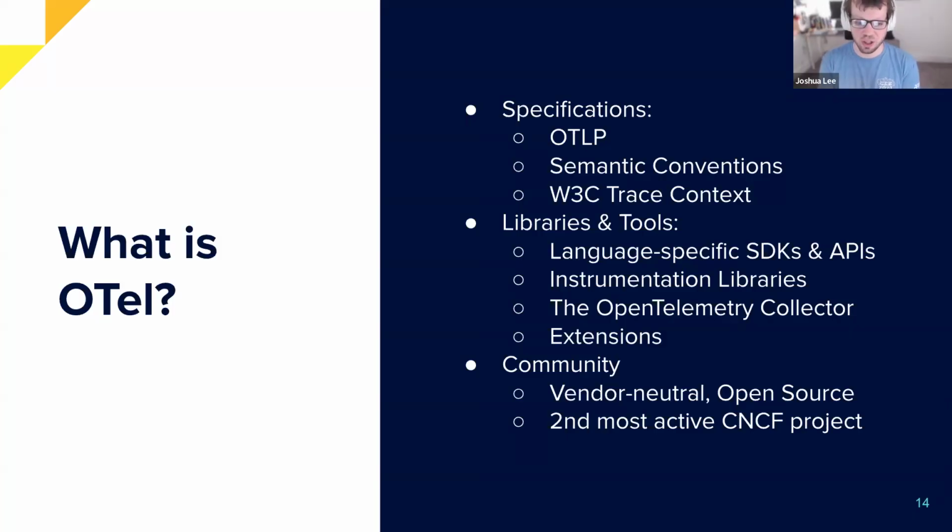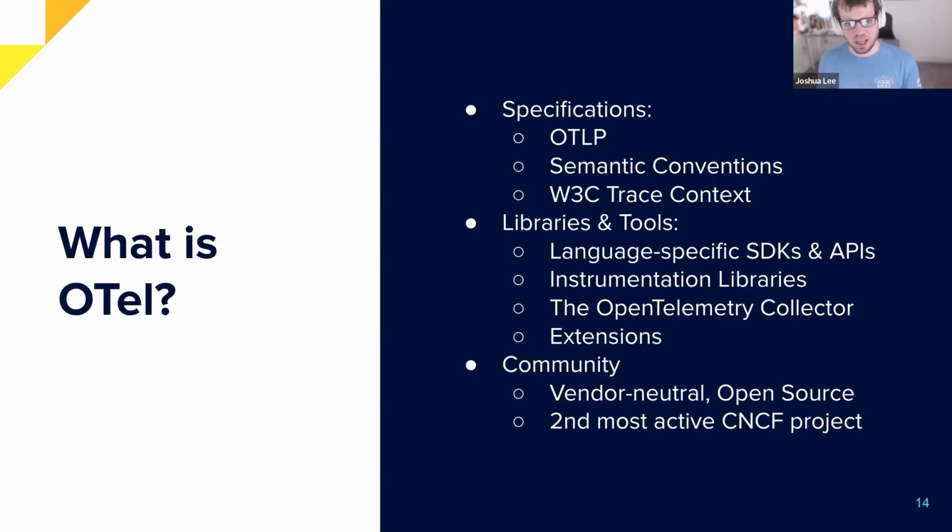The OpenTelemetry instrumentation library for Express knows how Express works and knows how to observe Express's HTTP calls and how to inject headers into the outgoing HTTP calls. And so you can get automatic instrumentation of Express just by adding a single Node.js library. And there are hundreds, if not thousands, of instrumentation libraries available for the various under-the-hood libraries that you might be using in any of the 11 languages that are supported by OpenTelemetry.